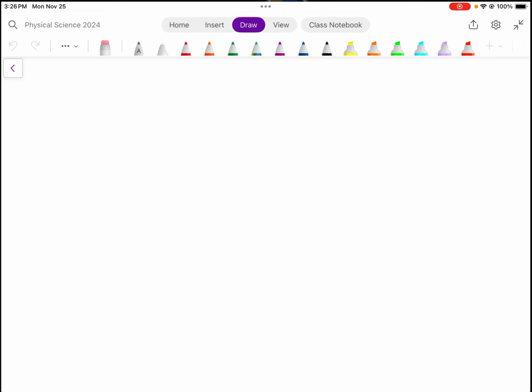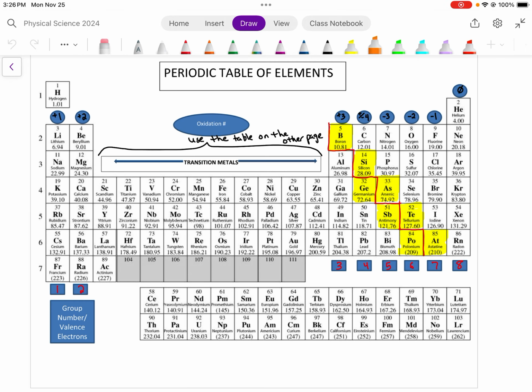Another way you can do it, if I go over to the periodic table and I highlight them, here they are right here actually: nitrogen, oxygen, fluorine, and then chlorine, bromine, and iodine. There we are. That kind of looks like the number 7, but we can't forget hydrogen over here.